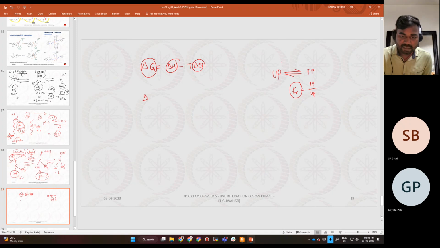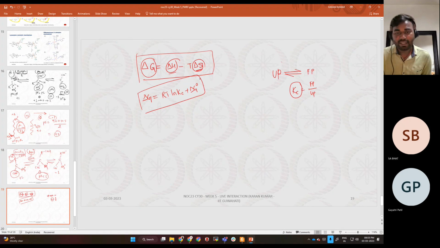Then your delta G will be RT ln Kc plus delta G naught. This is the second equation you need to remember. If enthalpy and entropy are given in the question, you can calculate the change in free energy using the first equation. If concentrations are given, you can calculate delta G using ln Kc.